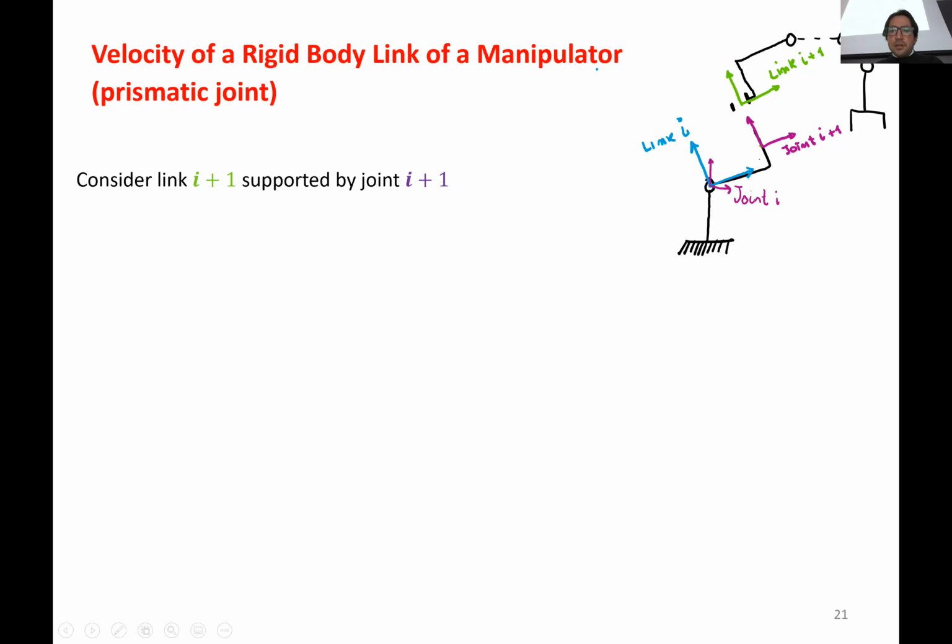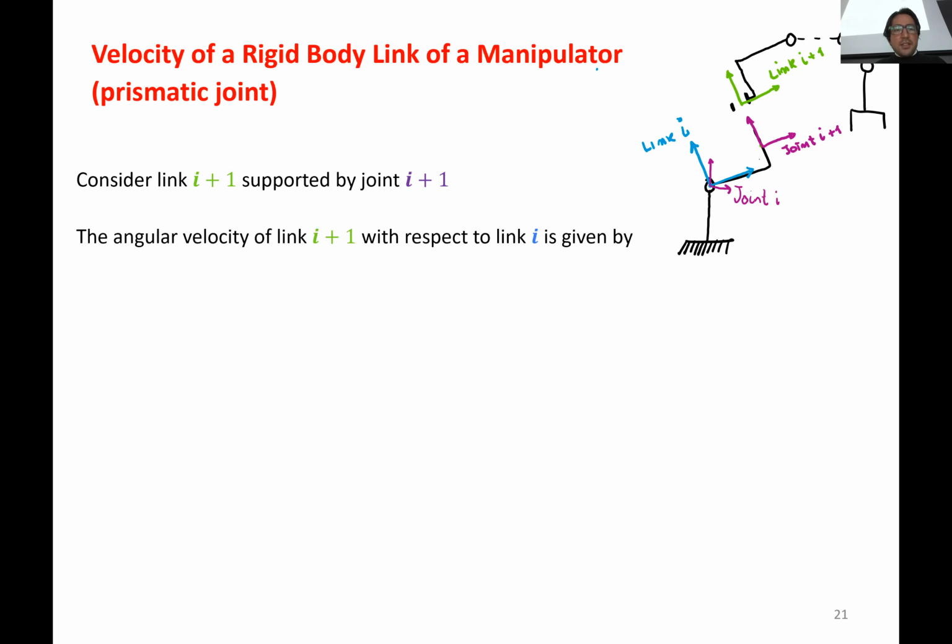Now we have another link, the predecessor link, which is link I, supported by joint I. There you see that the difference in motion is given by the rotation. Here, link I is revolute, for example, and link I+1 is prismatic.